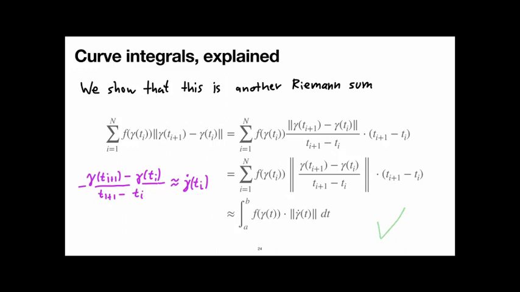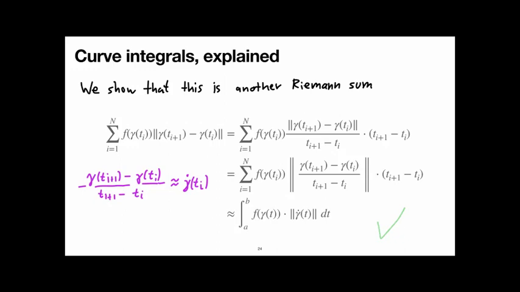More precisely, I see gamma ti plus 1 minus gamma ti, divided by the difference between the parameters ti plus 1 and ti. The thing with the magnitude is I can pull in factors, and this division by ti plus 1 minus ti can also be pulled in.